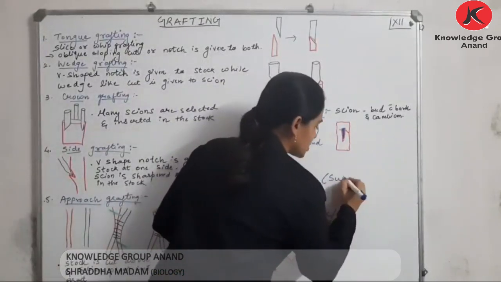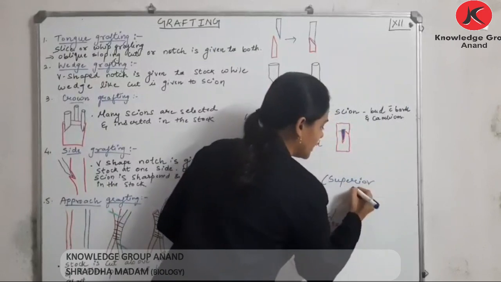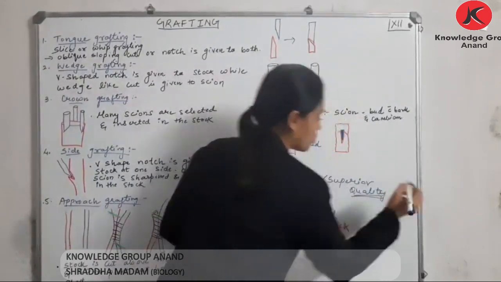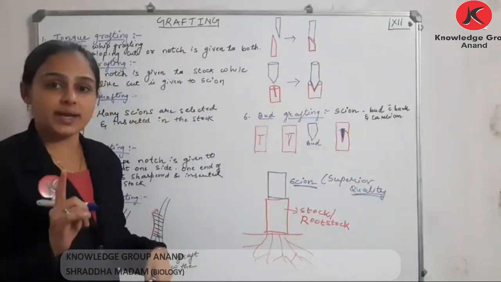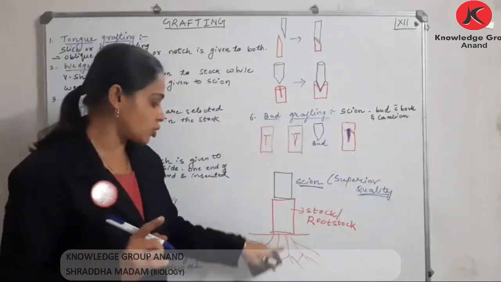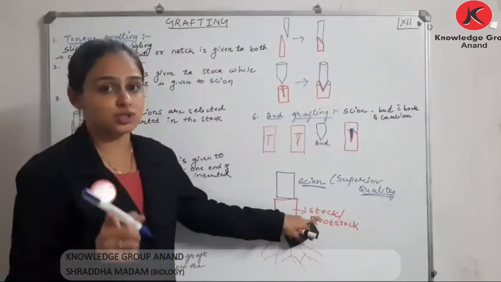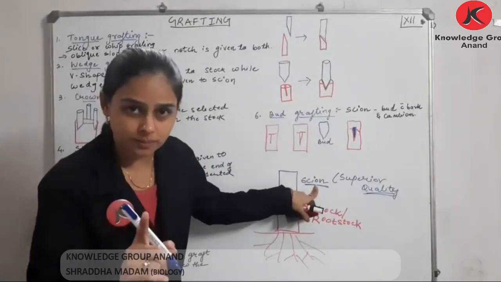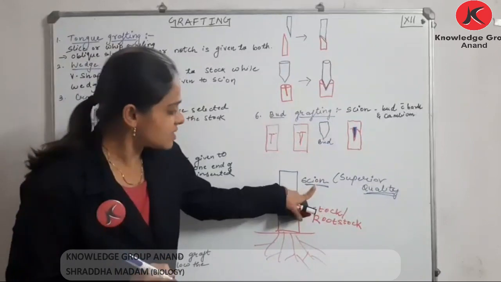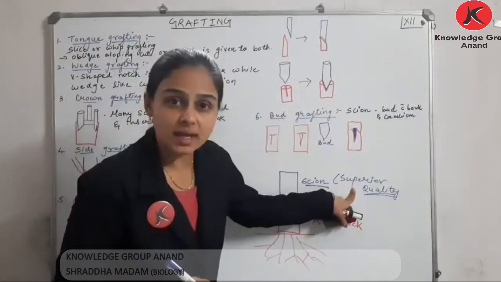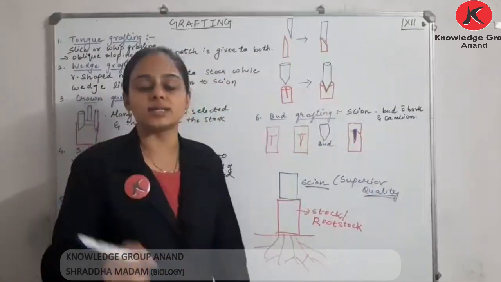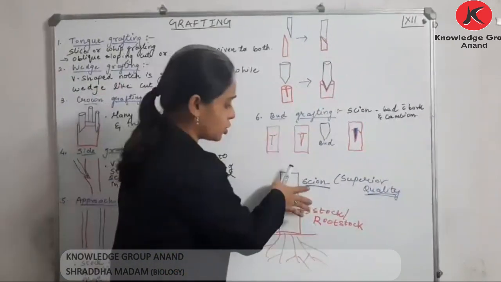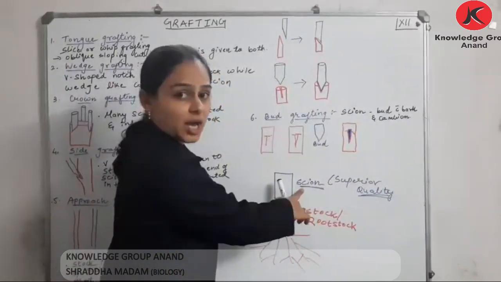Generally this scion has superior qualities. Am I clear? The portion which is rooted I called the stalk, the portion which is grafted I called the scion. This scion you are going to take of superior quality. I hope you understood the two terms. What is the stalk? What is the scion?